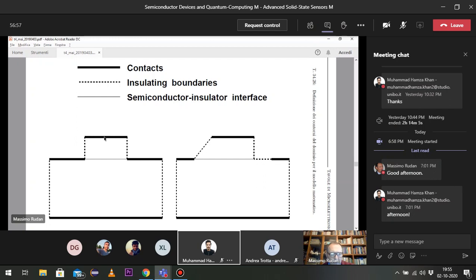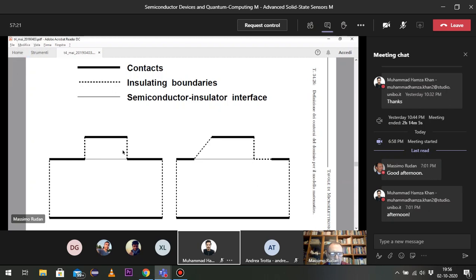Then there are other pieces of the boundary. For instance, if you consider these two vertical dashed lines, this is the portion of the device related to the gate oxide, so this is an insulator region.